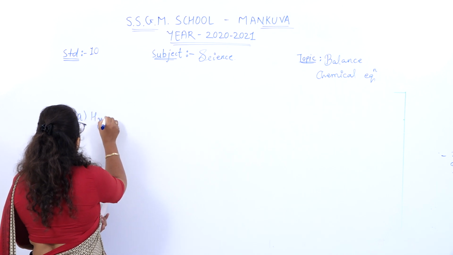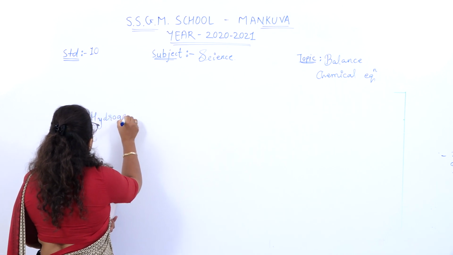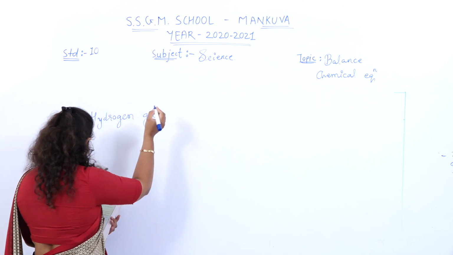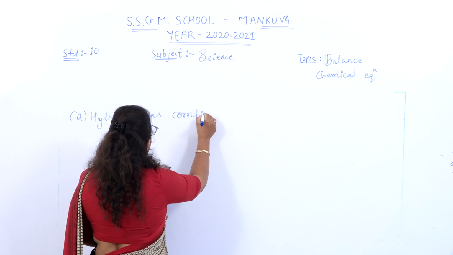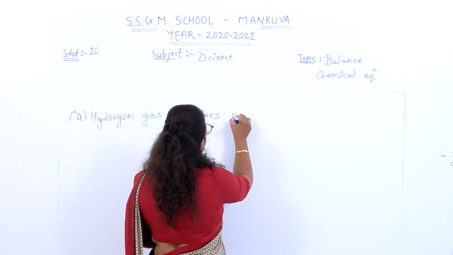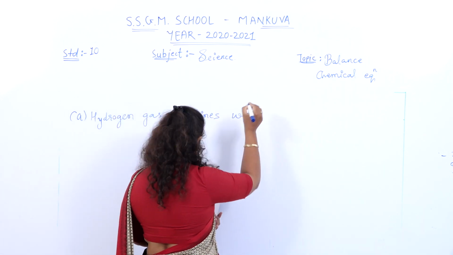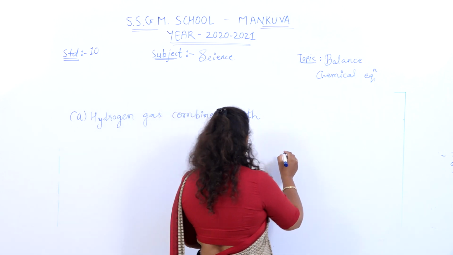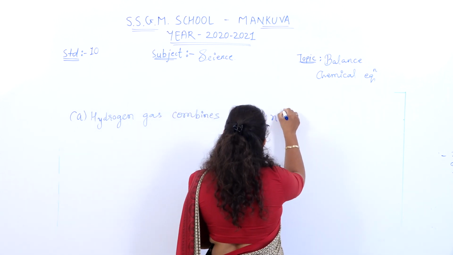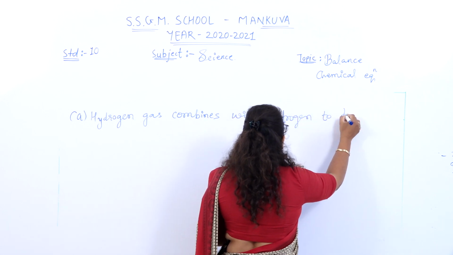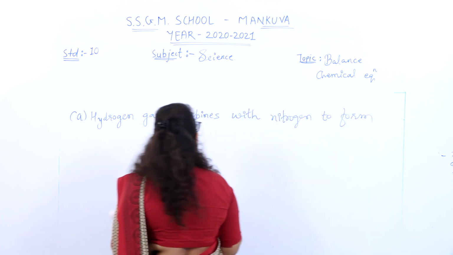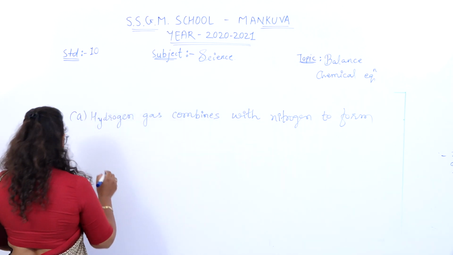Hydrogen gas combines with nitrogen to form ammonia.